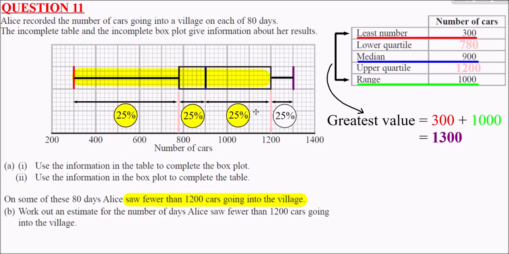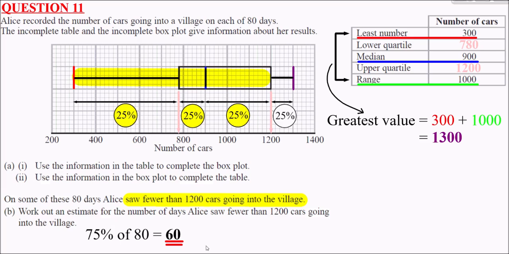Total number of days is 80, my bad. And we want 75% of those 80 days for our estimate. So finally, 75% of 80 days, or 3/4 of 80, same thing, is 60.